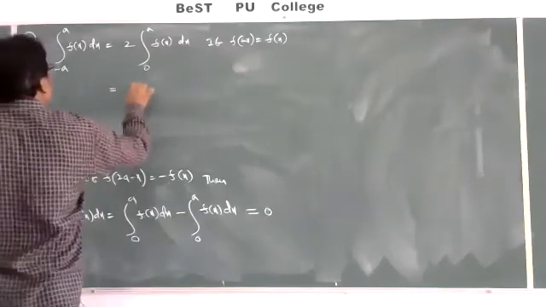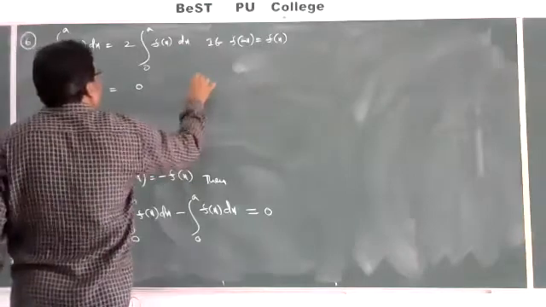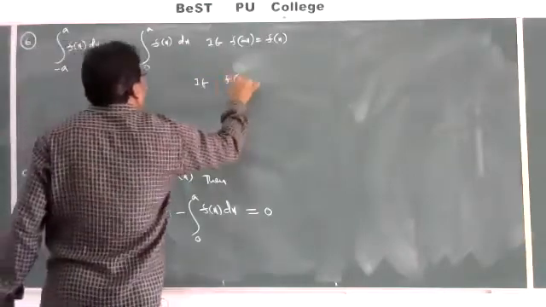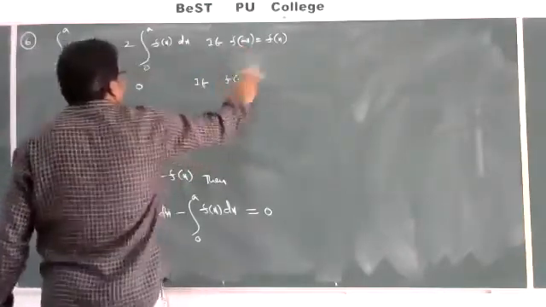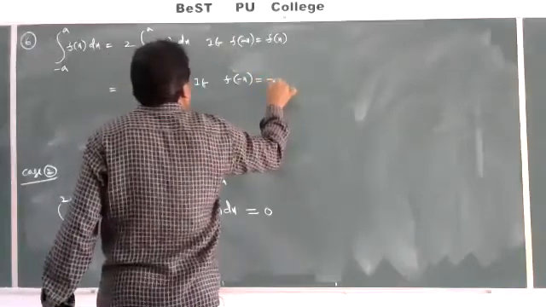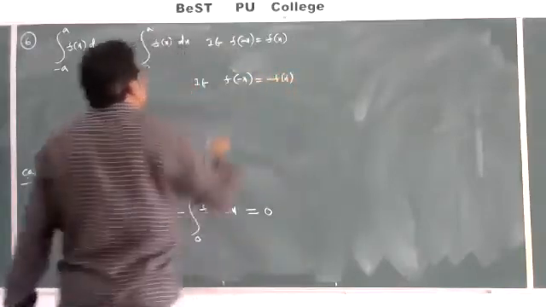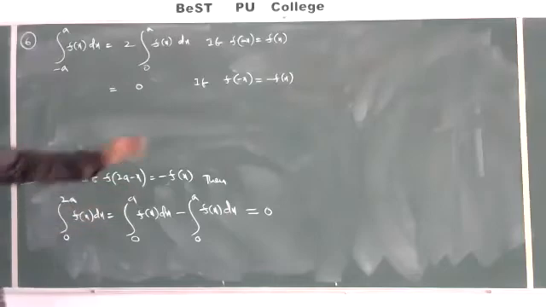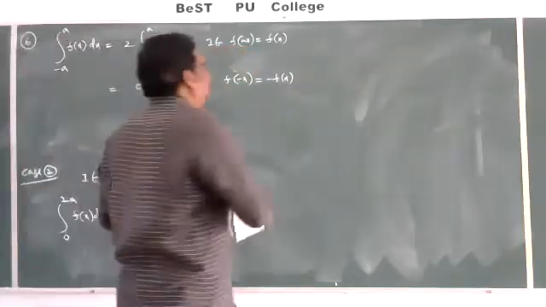That is equal to 0 if f of minus x is equal to minus f of x, an odd function.